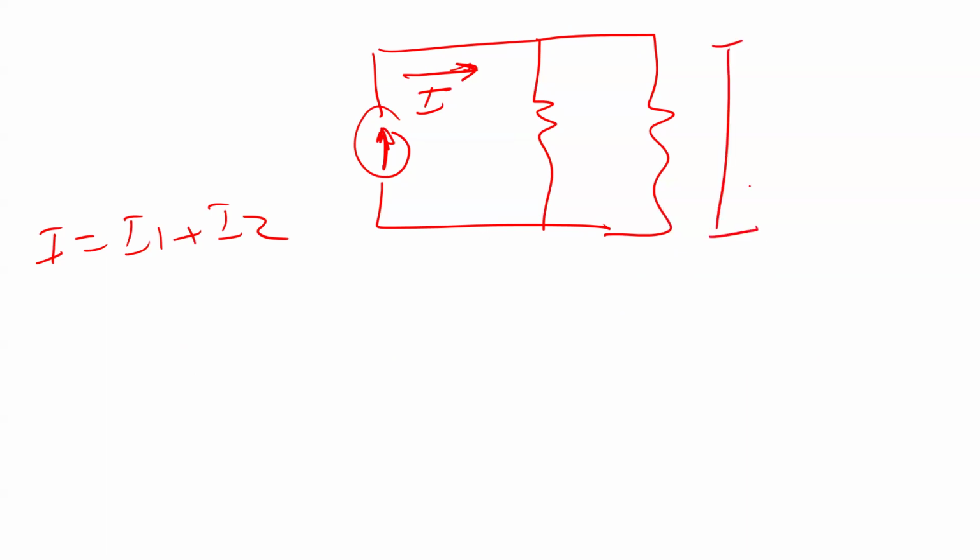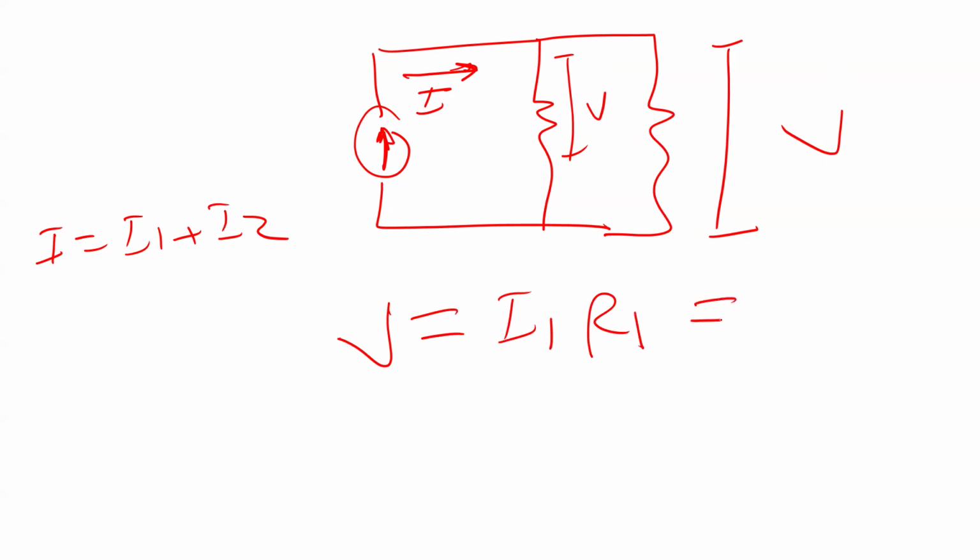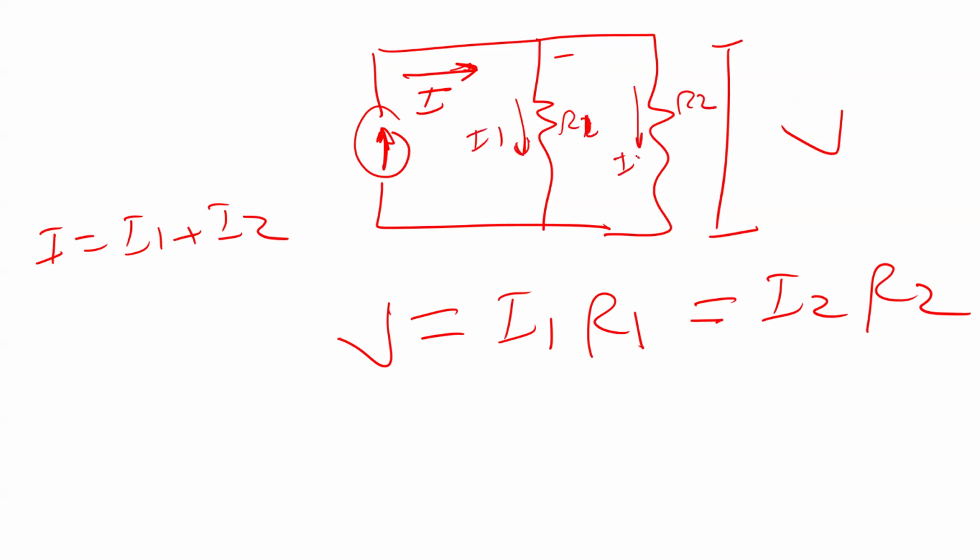So the voltage here is V, and the voltage here is V. So V should equal I1 times R1, also equal I2 times R2. We have here in this resistance R1 the current I1, and here we have R2, so we have I2. You know the voltage is I times R. So that means I1 times R1.